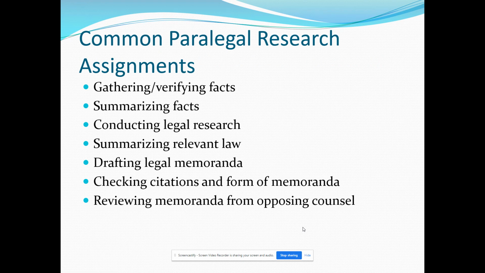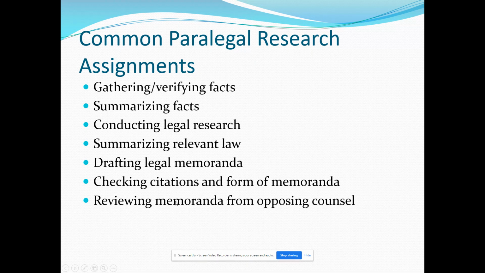Okay, so some things that you might be doing. You might be doing client interviews or gathering facts. You might have piles and piles of documents that you have to summarize and organize, so you know what the facts are and you can give an accurate description of the facts. You might be conducting legal research, summarizing relevant law, drafting legal memoranda, cite checking, right?